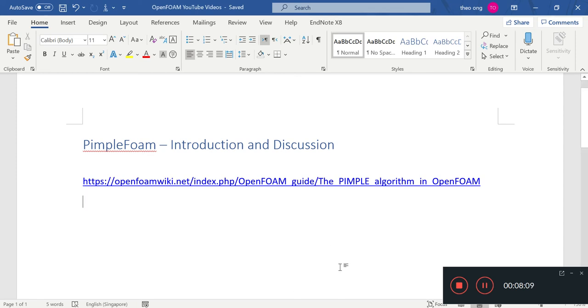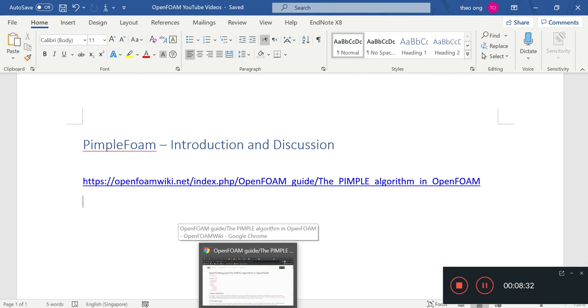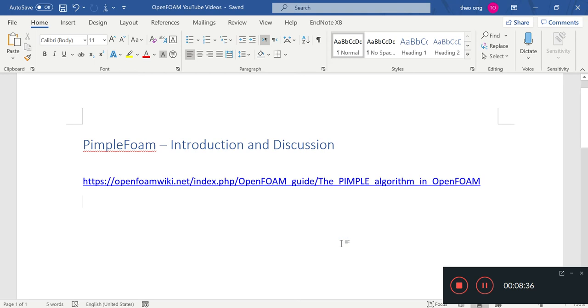So as with all computational fluid dynamics algorithms, there are two basic equations you need to solve.